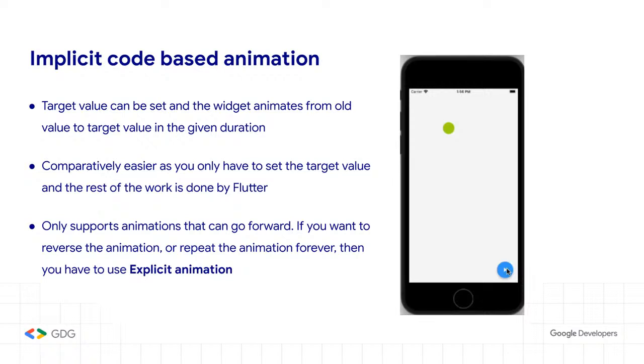You just give a target value and the animation will appear on its own. This type of animation only supports one way. You can only go from the starting point to the target value, but you cannot come back to the starting point. If you want to come back to the starting point, that is, repeat or reverse the animation, then that becomes the explicit type of animation, which we will explore later.